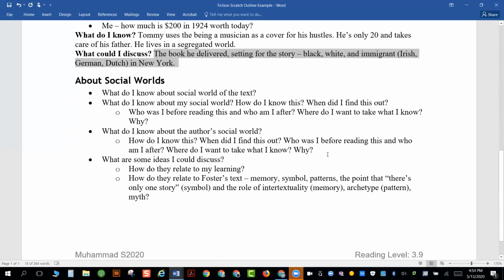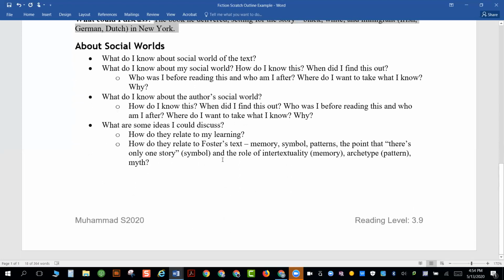And when you're done with the whole thing, that is when you would come back and say, okay, what do I know, and what do I know specifically? What could I discuss about how this text relates to what I should be learning in class? And then I also pulled out from the early readings of Foster, the introduction, and the one story section. In the introduction, Foster talks about the importance of memory, symbol, and patterns.